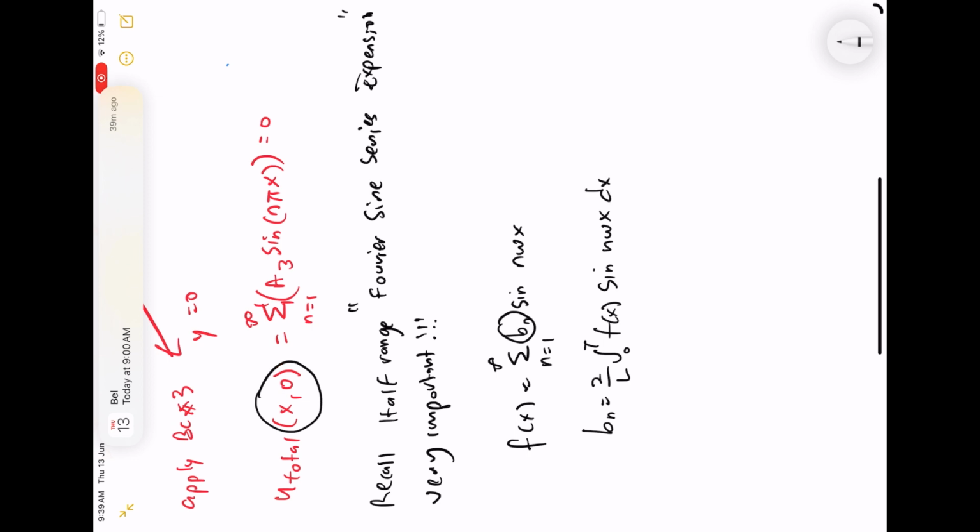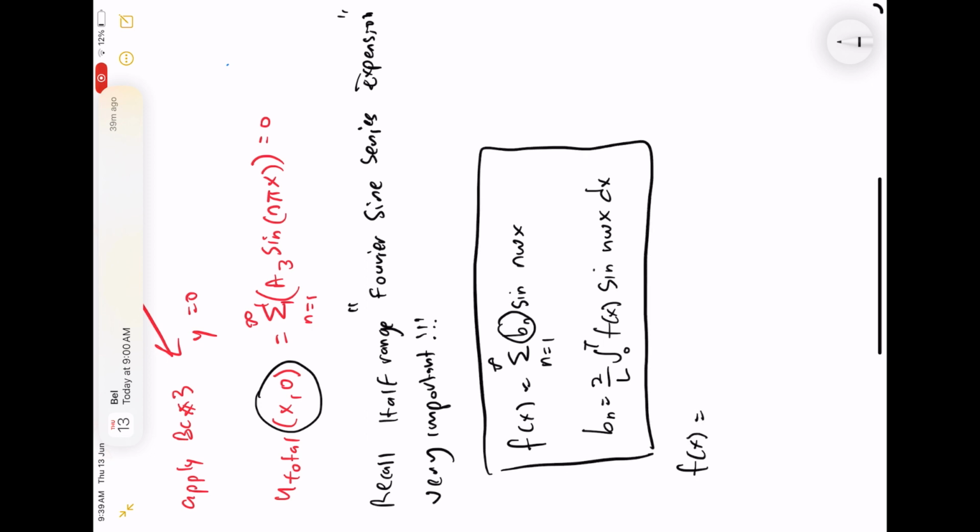dx. We want to use this for the case u(x,0). So our f(x) is equal to 0 because y is equal to 0. Because our f(x) is equal to 0, when we perform the integration, we will get nothing.